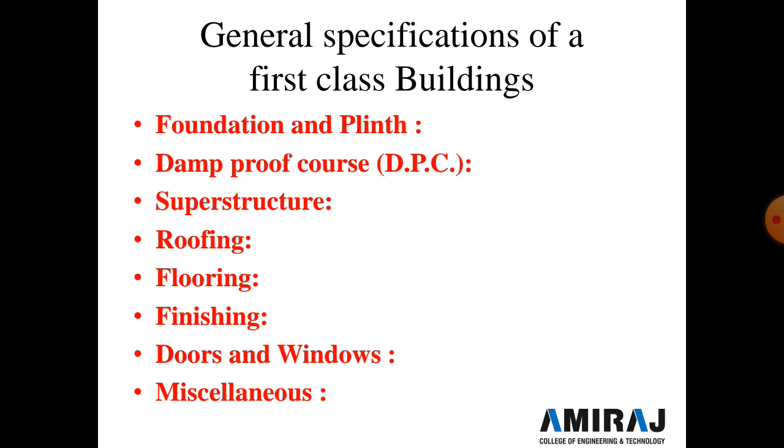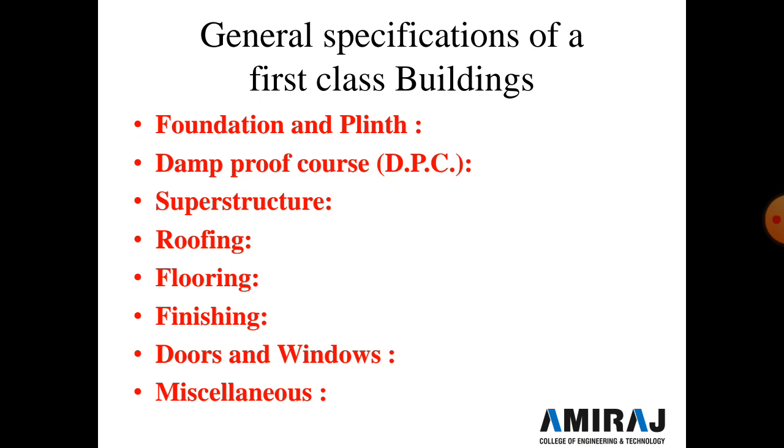And the next general specification is for flooring. Flooring shall be in mosaic, cotta stone, marble, ceramic tiles, etc. as specified, over a layer of not less than 75 millimeter thick cement concrete of ratio 1:5:10 or rich mix, generally used in flooring.